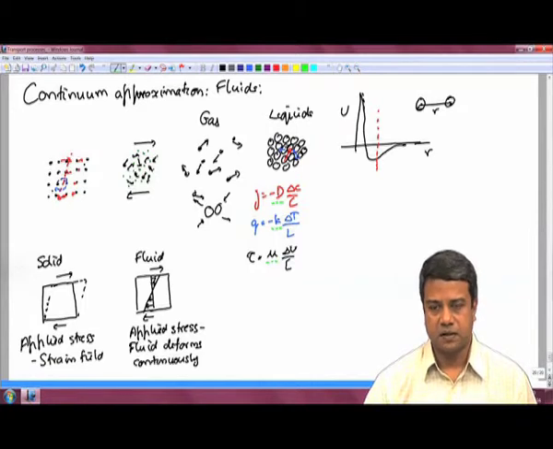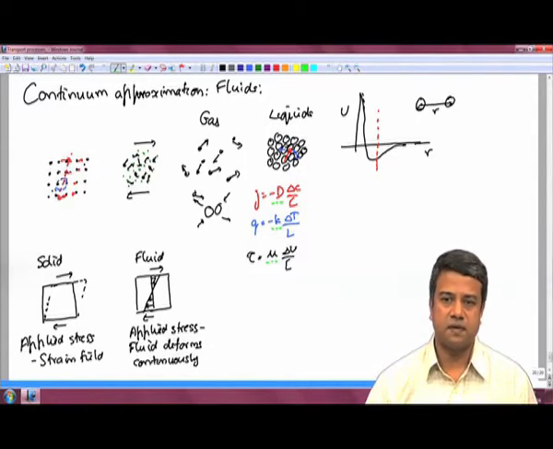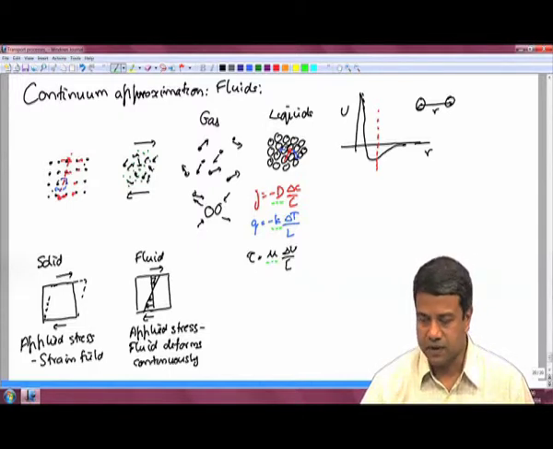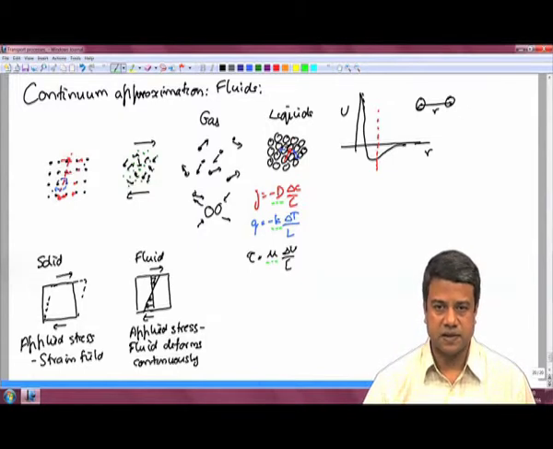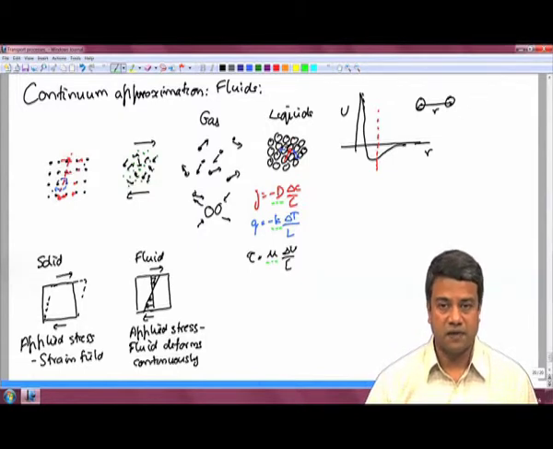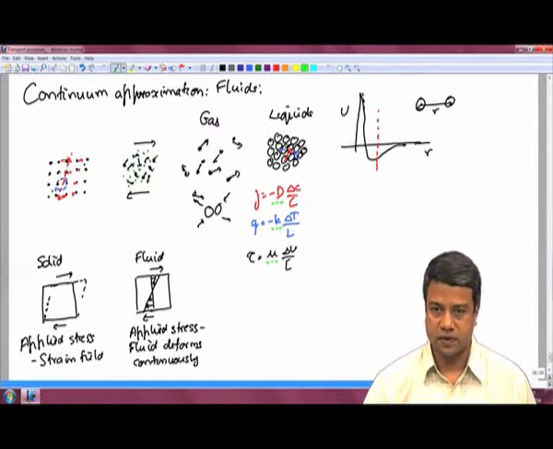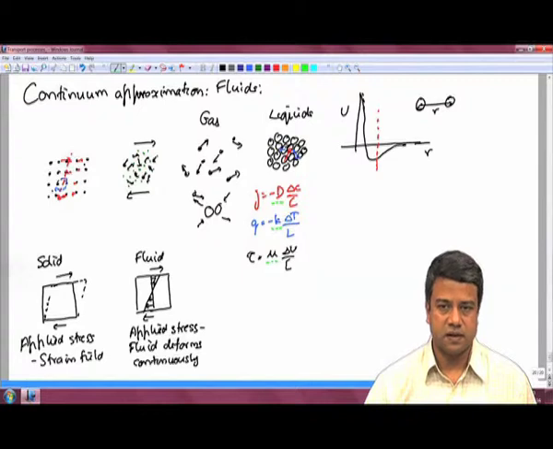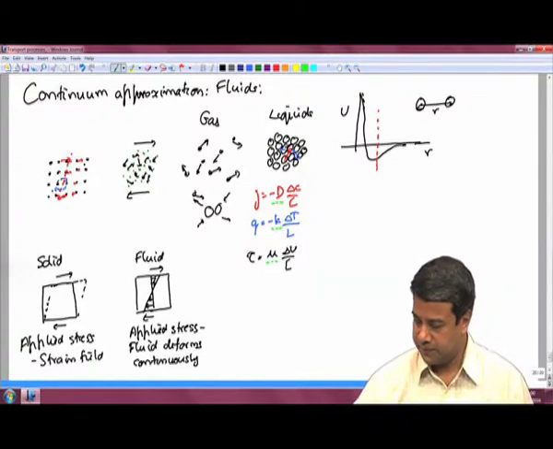So, we will deal exclusively with fluids in this course, and the description itself does not distinguish between liquids and gases. The only difference arises when we have to write down the diffusion coefficients. The numerical values of these turn out to be very different depending upon whether it is a liquid or a gas. And we will look a little later at how we derive these constitutive relations and the diffusion coefficients.